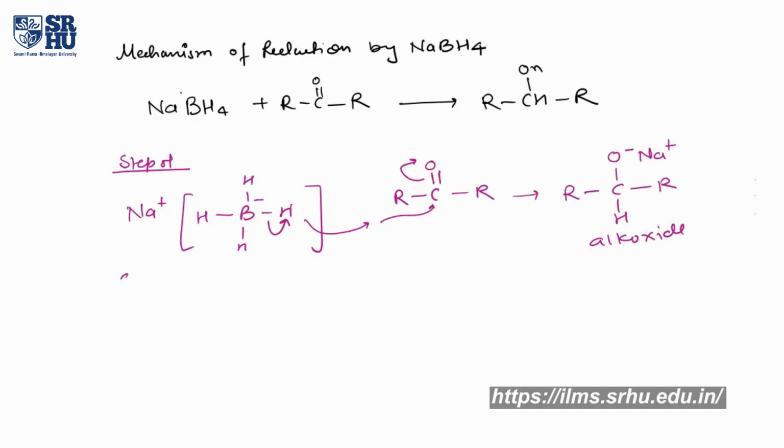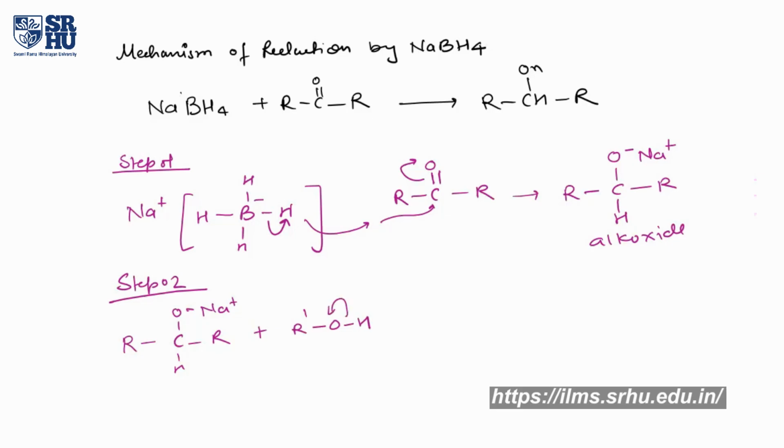Now this alkoxide, in step number 2, gets a proton from an alcohol.